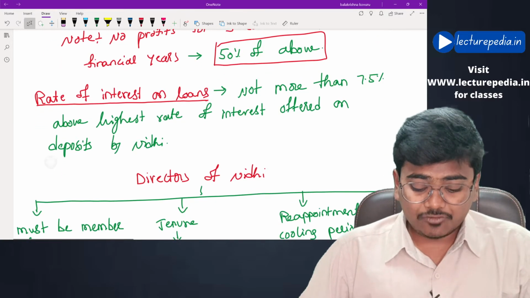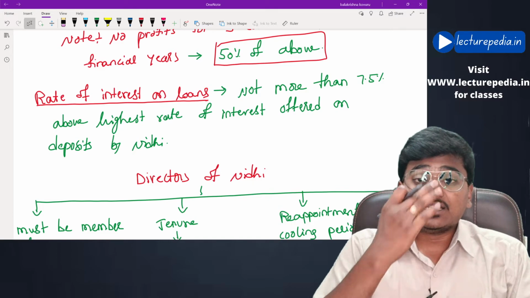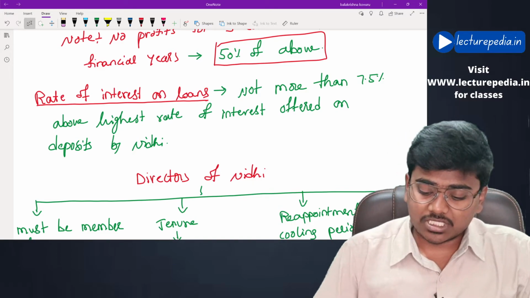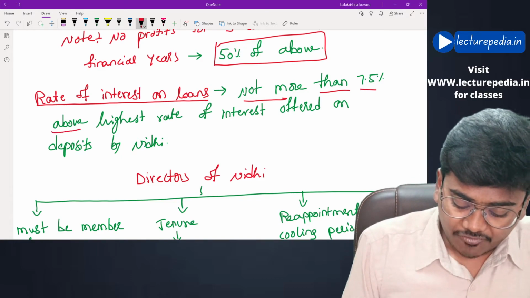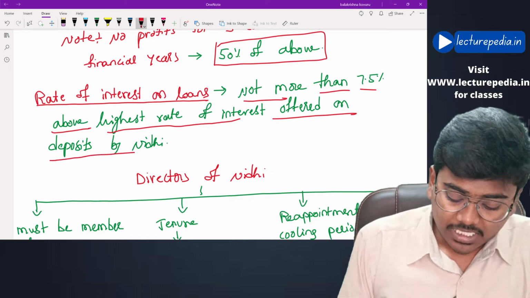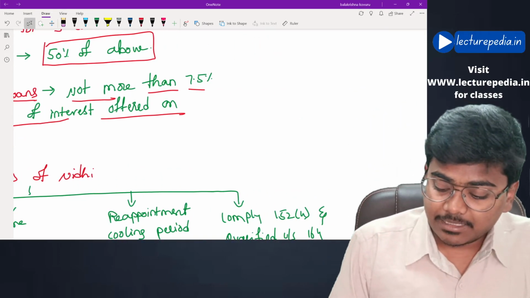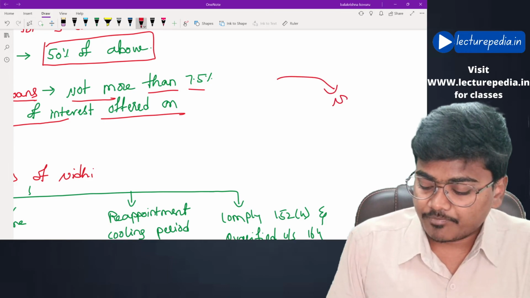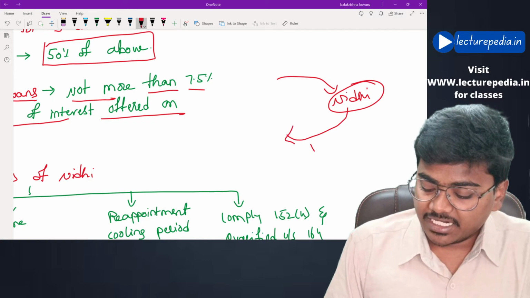Next, rate of interest on the loans. What can be the maximum rate of interest that Nidhi can charge on the loans given? It should be not more than 7.5% above highest rate of interest offered on the deposits by Nidhi. Now, Nidhi might have accepted deposits. Okay, on these deposits, Nidhi will be paying interest.